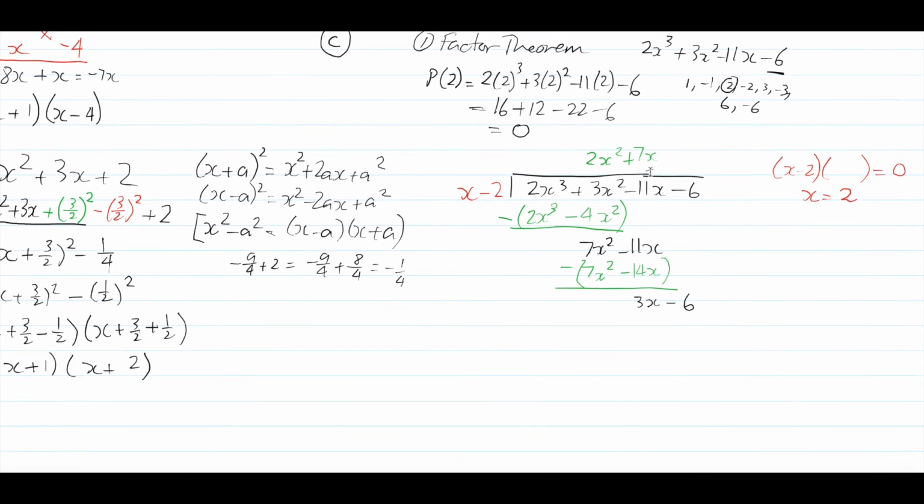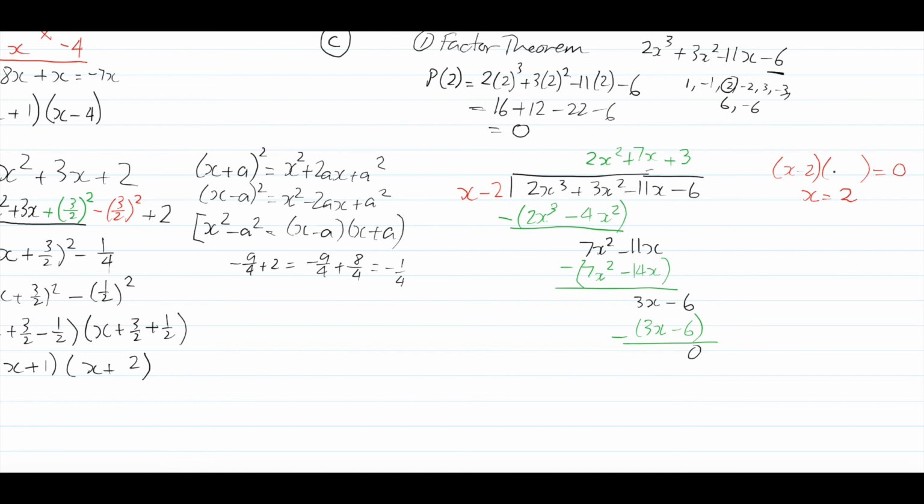And then guys, we're almost at the end. You multiply this by plus 3 and you get 3x plus 6 to subtract, and you end up with a 0, which is good because in long division, if you're trying to factorize, you should always end up with a 0. So like I said, you have x minus 2 as one of your factors.